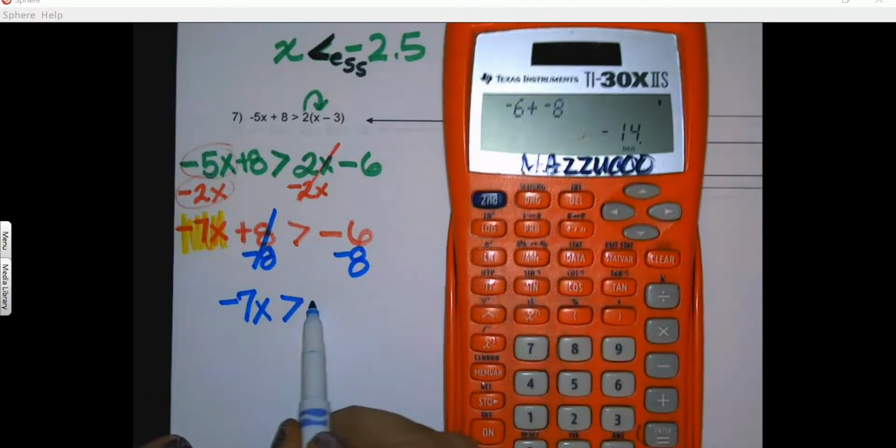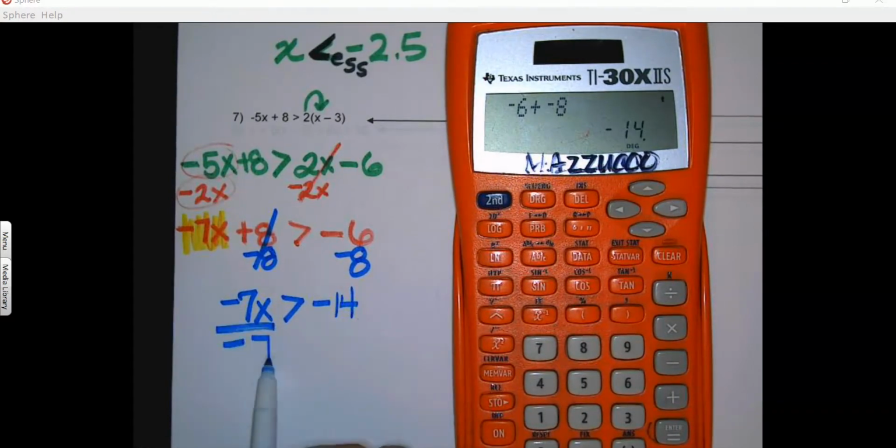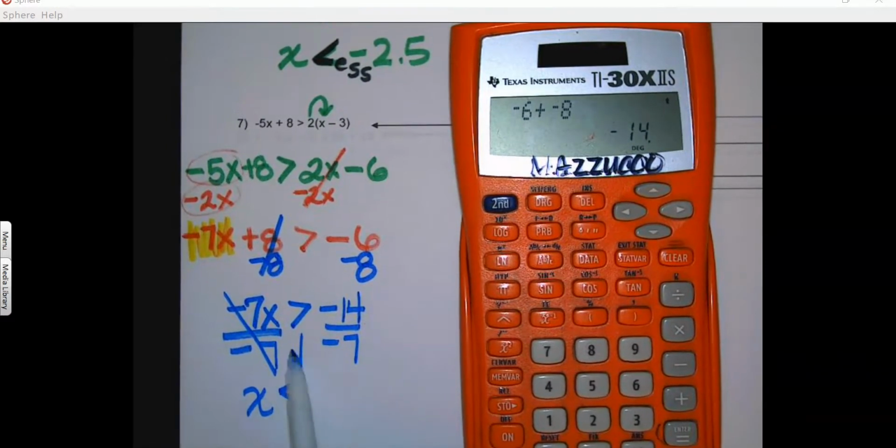That makes negative 14. And whenever there's a number right next to x, it's called a coefficient. We're going to divide both sides by a negative 7. Oh, we just said we're dividing by a negative, so that's how I know the sign is going to flip. And then negative 14 divided by negative 7 is positive 2.